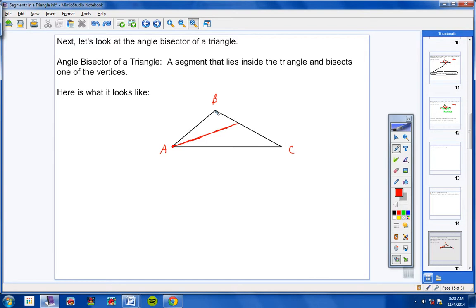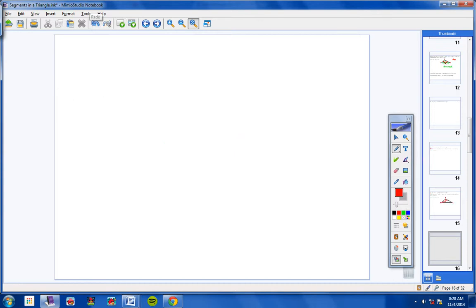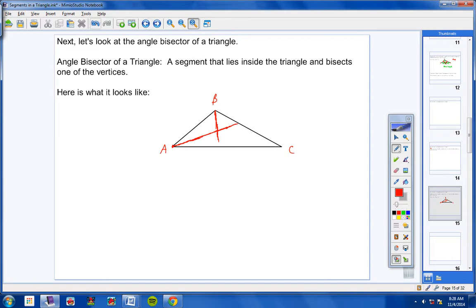So here's my next angle bisector. I'm going to cut this angle right in half, okay, the best that I can. And again, I'm laughing because theoretically, your angle bisectors should all intersect at one point. So if they're not, kind of cheat like I am and make sure they do, okay? Because they will intersect at one point.